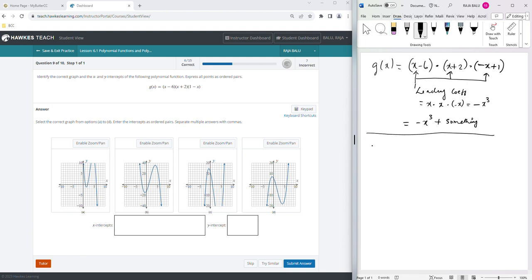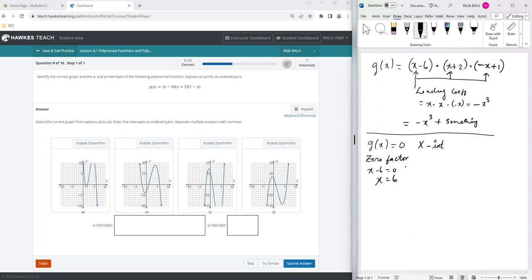So we need to find the x-intercepts, which means where the function is crossing the x-axis, which would mean the function value is 0. So wherever g of x is 0 gives me the x-intercepts. And it's very easy to compute because they gave you the factor form. All you do is the zero factor property. So on every one of them, I get x minus 6 equal to 0, x equal to 6.